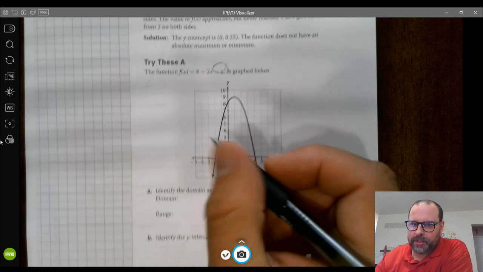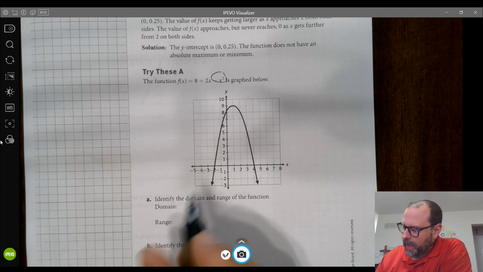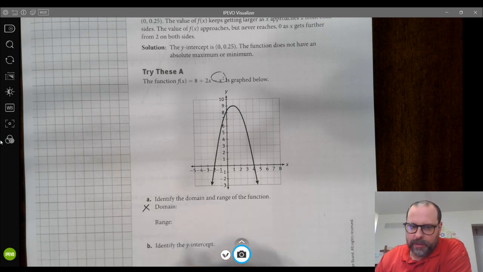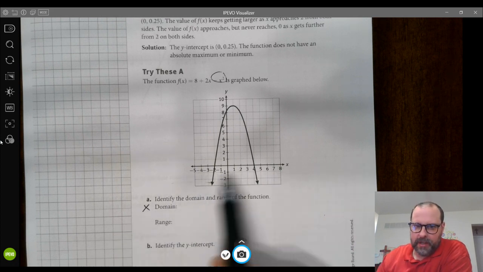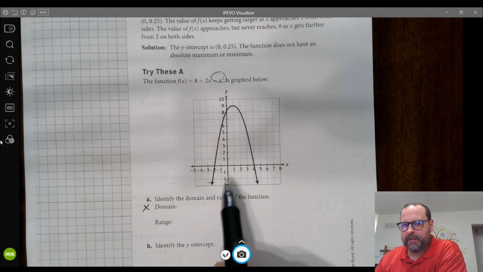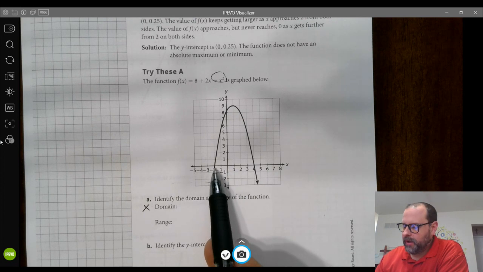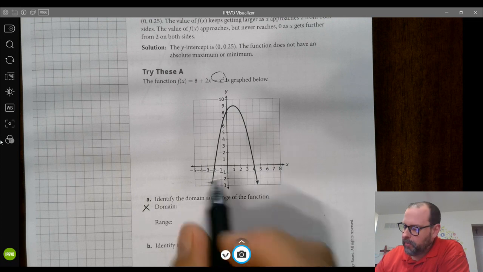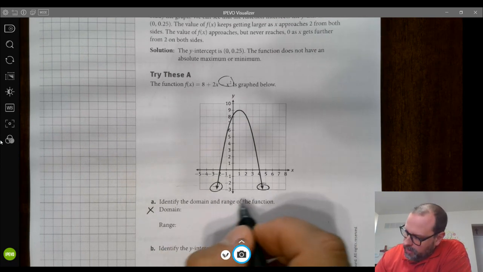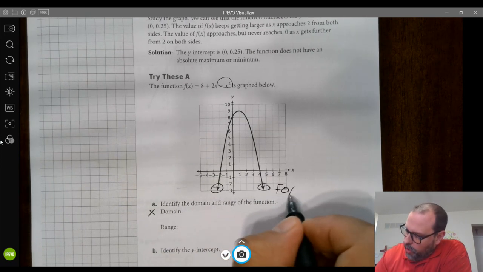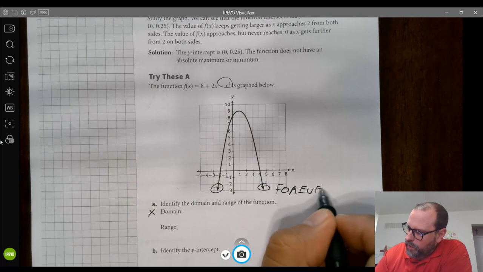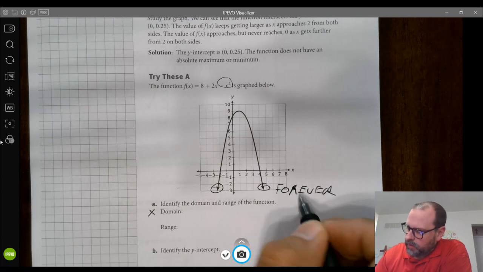So to start off with domain and range. Domain, as a reminder, is always our x values. When I look at this graph, I'm trying to think, does it start anywhere on the x-axis? No, because these arrows mean it goes on forever, which is a Sandlot reference.